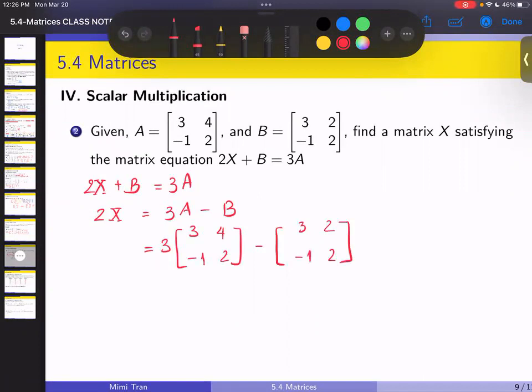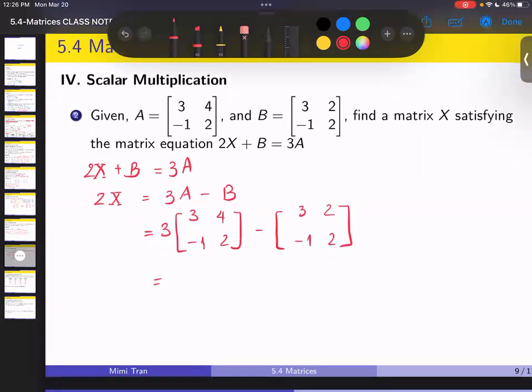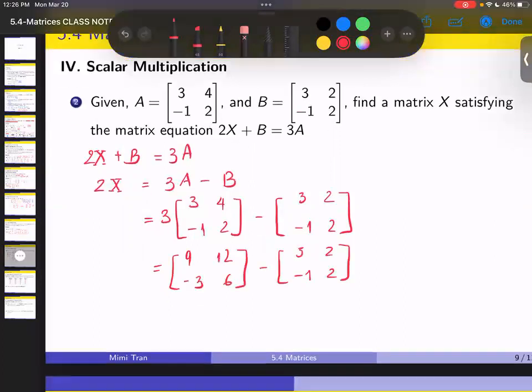I'm allowed to continue my calculation because the sides are the same. 9, 12, -3, 6. Subtract 3, 2, -1, 2. 9 minus 3 is 6. 12 minus 2 is 10. -3 minus -1, so that's -3 plus 1, which is -2. 6 minus 2 is 4.